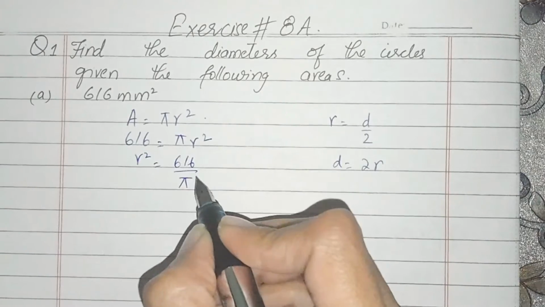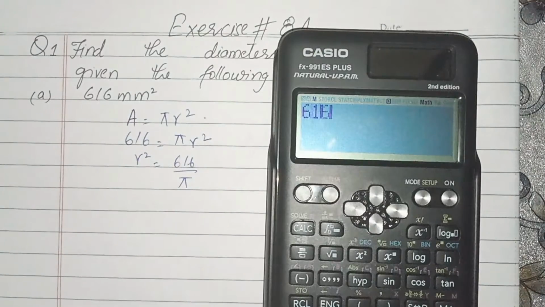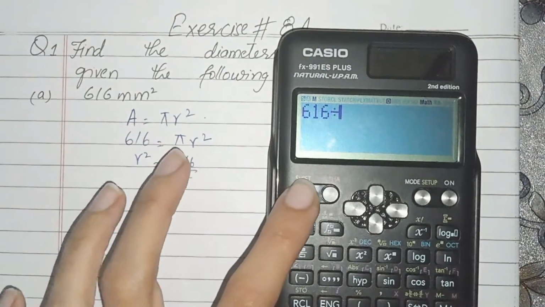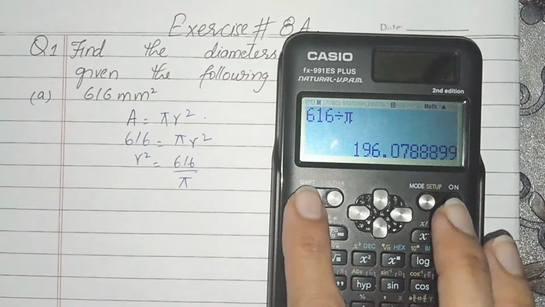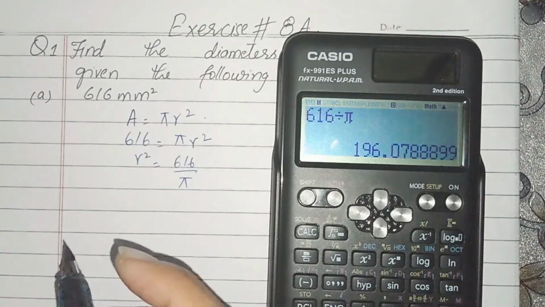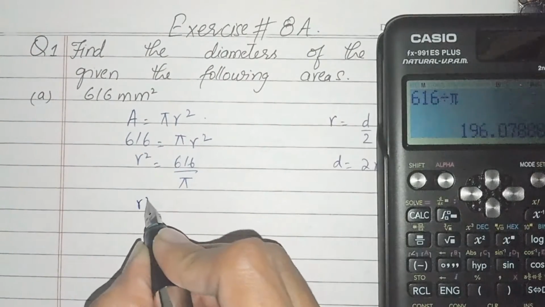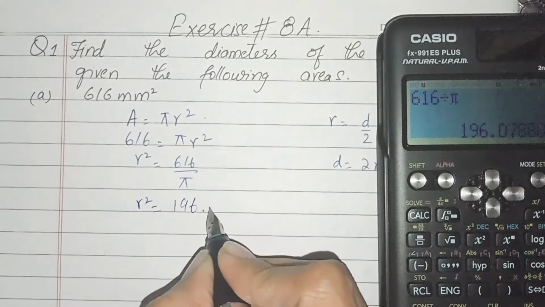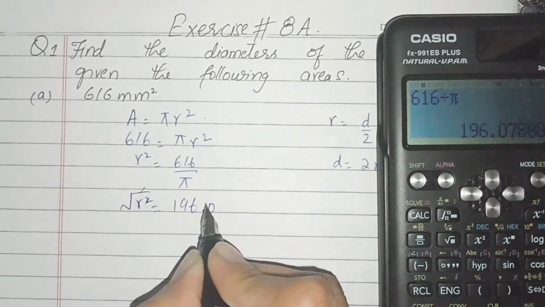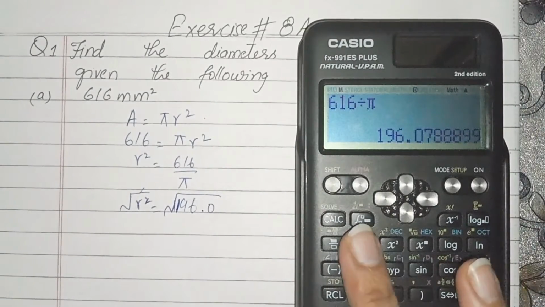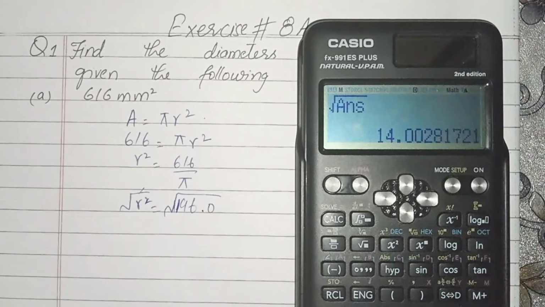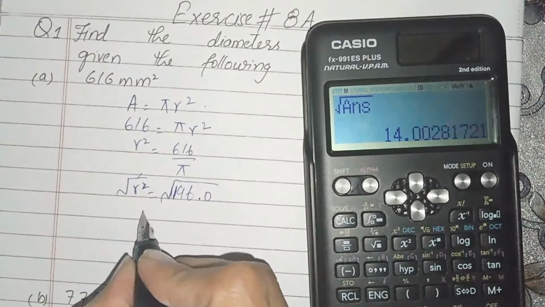616 divided by pi, and we get 196. So r square is equal to 196.0. We have to take the under root of 196 and we get 14.